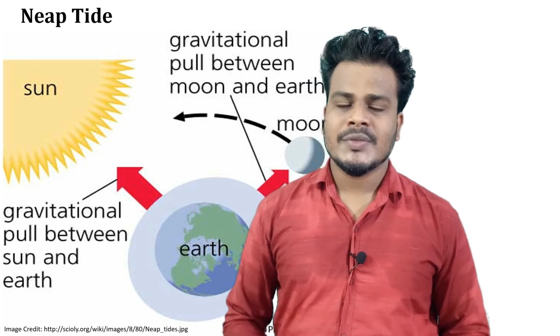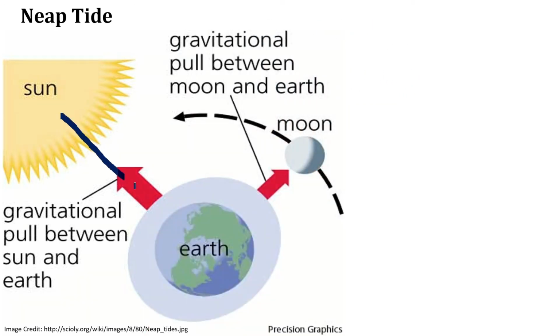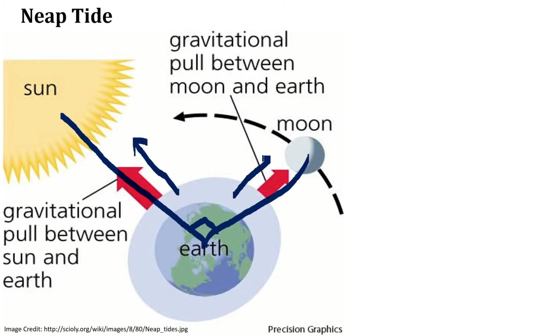Let us observe this with the help of a diagram. Now here you can see the sun is in this direction and the moon is in this direction. So it creates a right angle. So there is a gravitational pull of the sun in this direction and a gravitational pull of the moon in this direction.